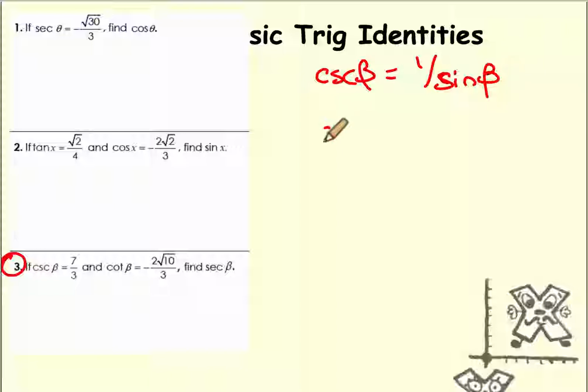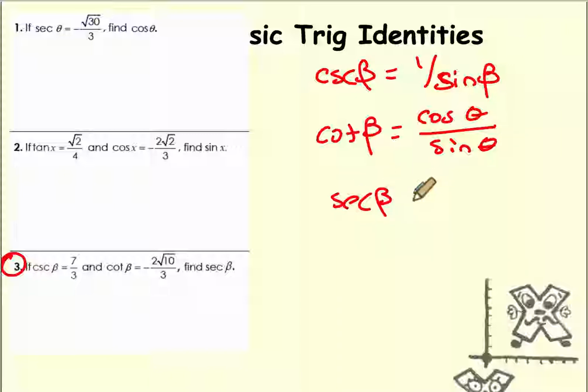And I know that cotangent of an angle is the cosine over the sine. Okay, and I want to figure out what the secant is. And I know that secant is going to be 1 over the cosine.